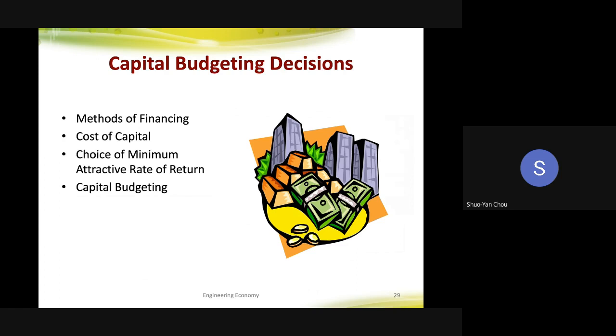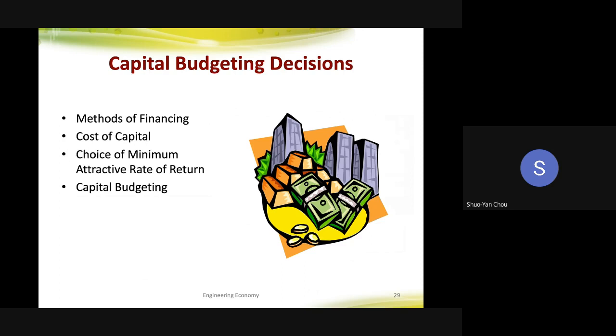But today I still try to go through decision tree analysis and also replacement analysis. The last part is about capital budgeting, which I mentioned last week.